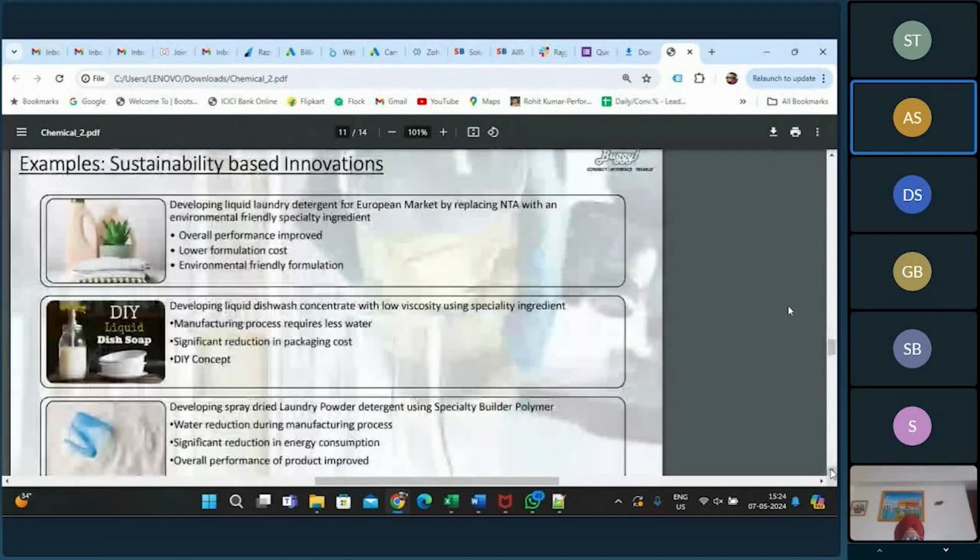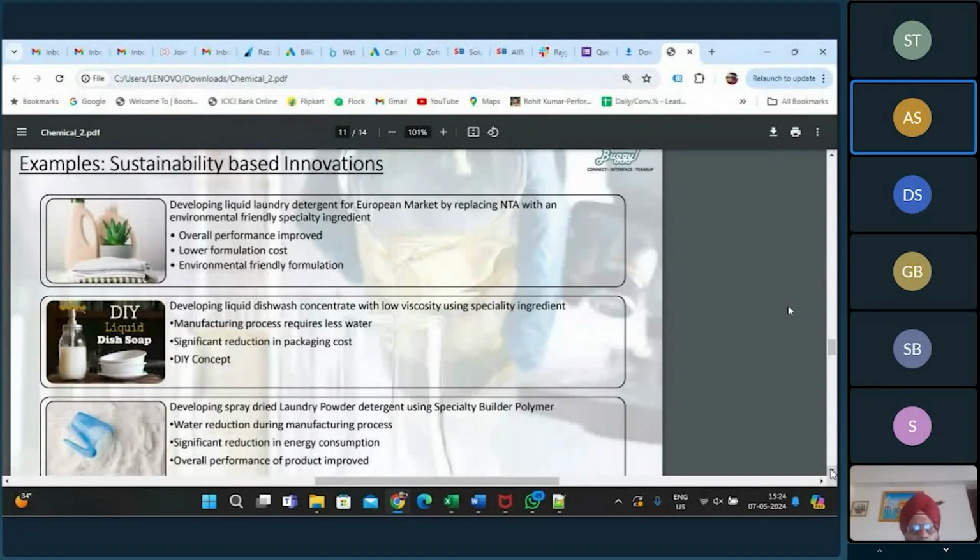Here, just to understand what specialty chemicals are and what kind of projects there are, I wanted to give some examples. These are some of the projects that I have worked on, and this will also give you an idea of how specialty chemicals work. There was one project I worked on, developing a liquid laundry detergent for the European market.